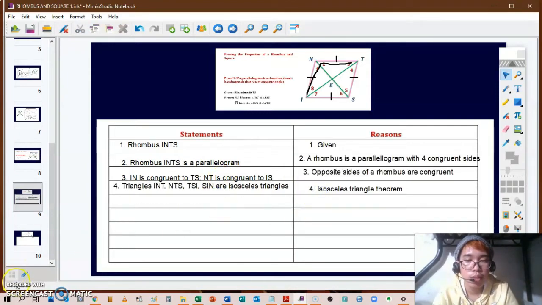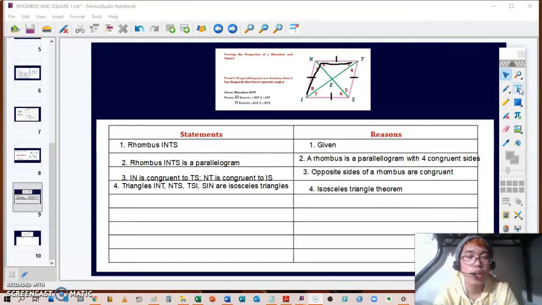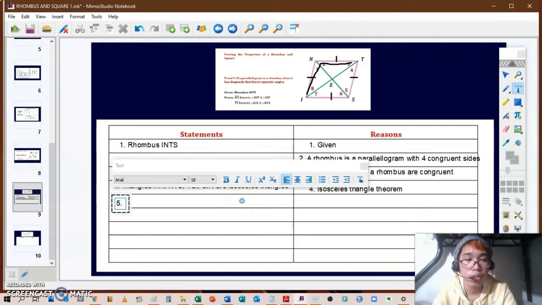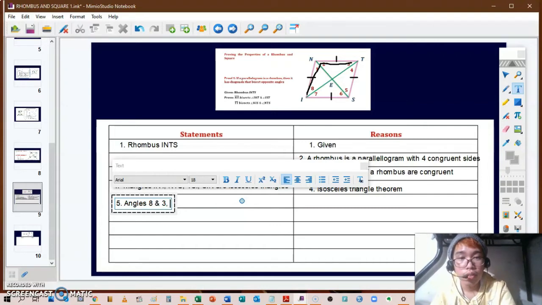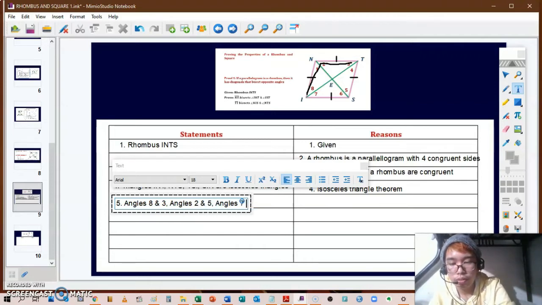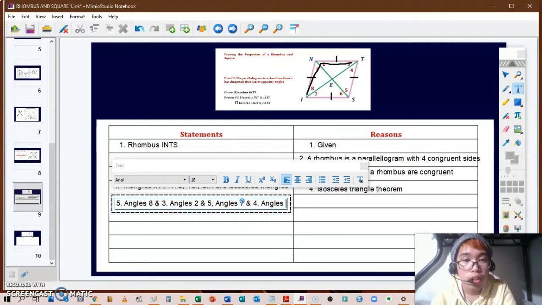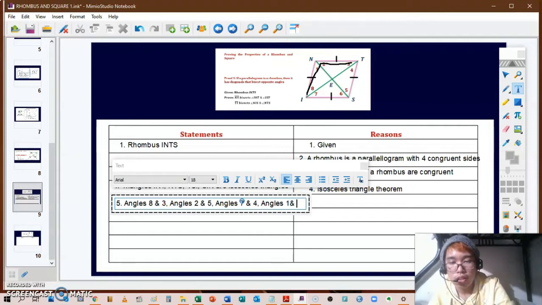For our 5th statement, since they are isosceles triangles, we can conclude here on number 5 that their base angles are congruent. So we can say here that angles 8 and 3, angles 2 and 5, angles 7 and 4, and angles 1 and 6 are congruent.